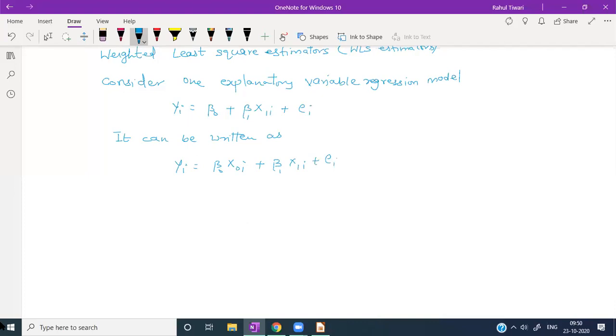Because I am just introducing one more variable, where x0i is equal to 1 for each i.